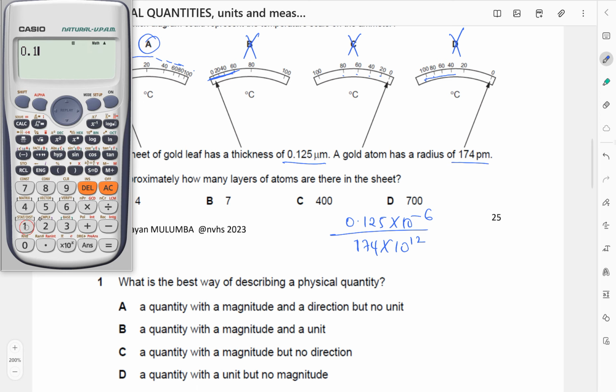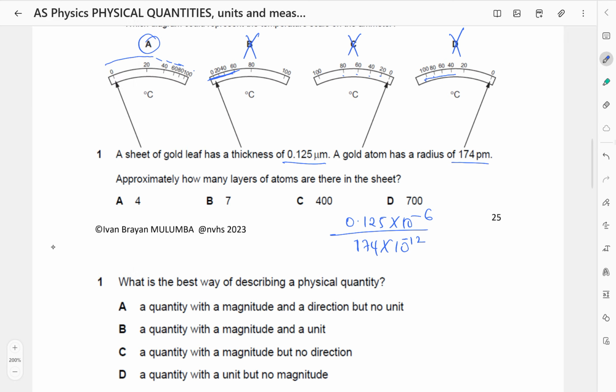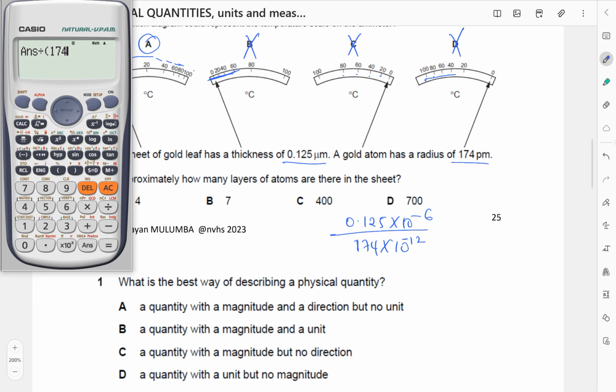So 0.125 exponent negative 6 divided by 174 exponent negative 12, which is this.